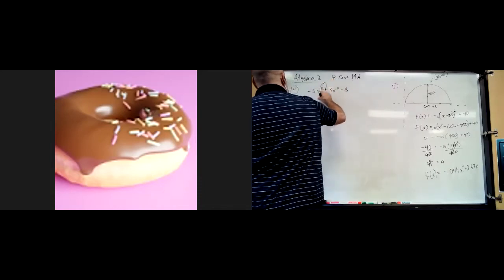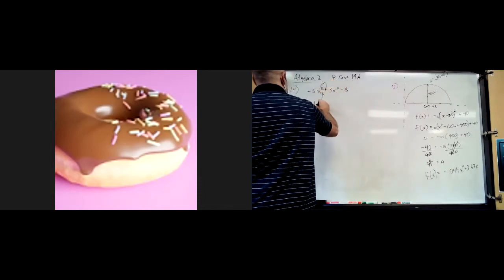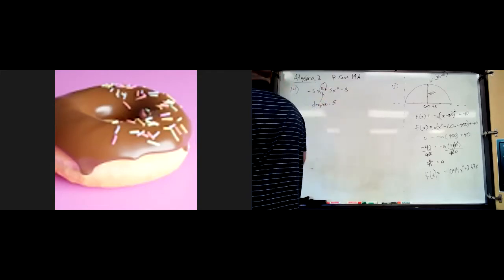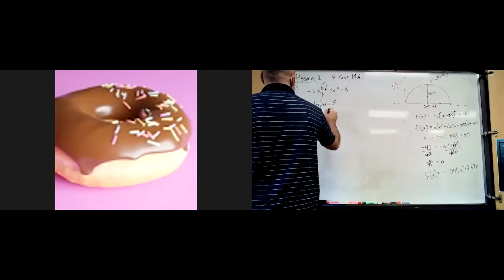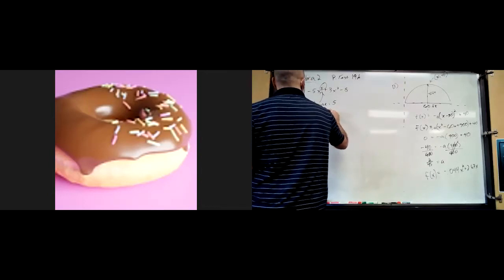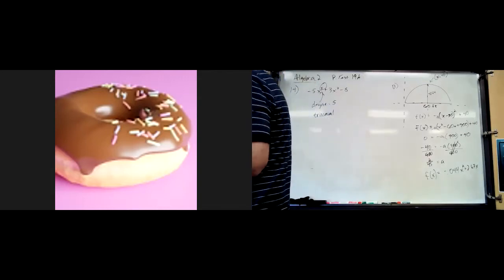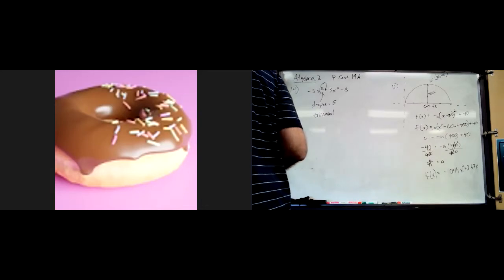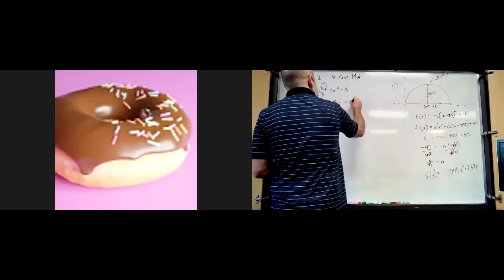Degree is that biggest exponent. Degree is 5. Okay, number of terms, this is a trinomial because it's 3 terms. Now it's missing some degrees like the x cubed and the x to the 4th and the x term, but this is a trinomial. And since it has a degree of 5, we're going to say quintic.